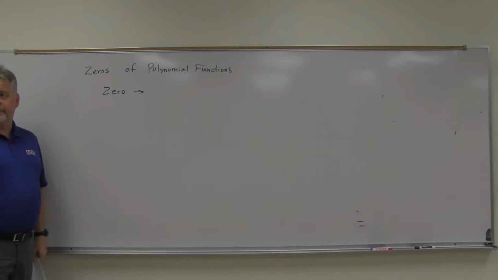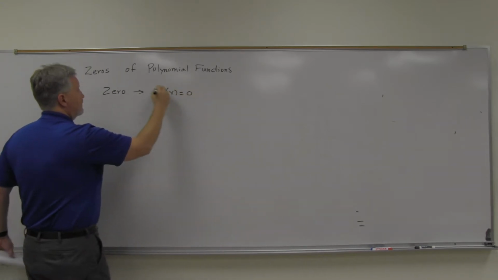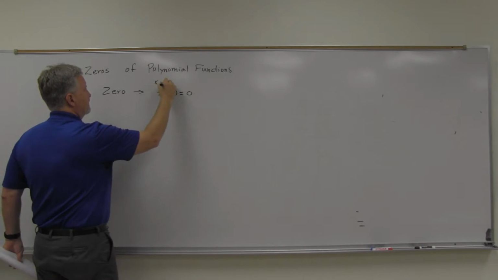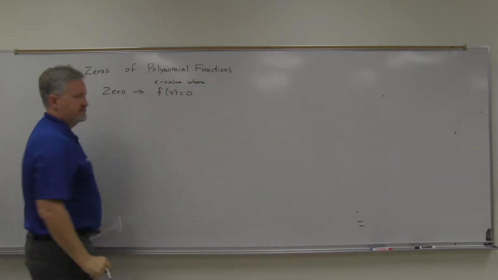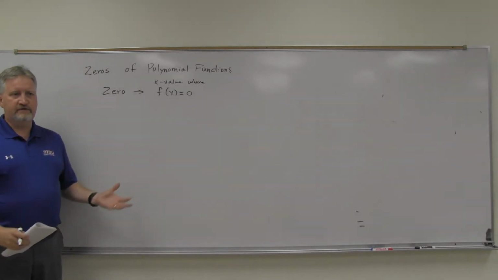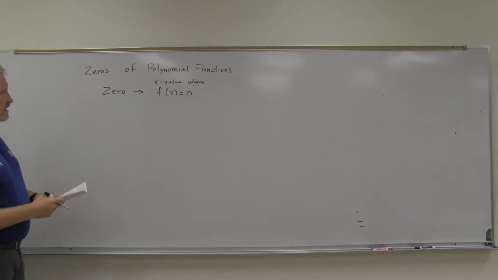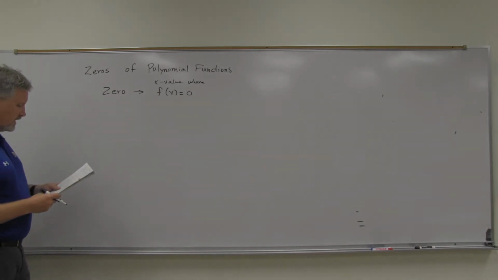Yeah, the function value equals zero. So it's the x value where f of x equals zero. You set f of x equal to zero and you solve it for the x value. There may be more than one.